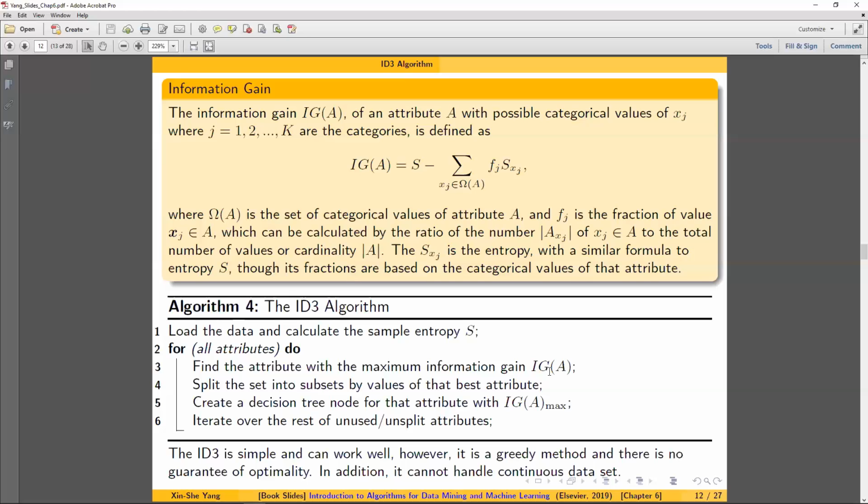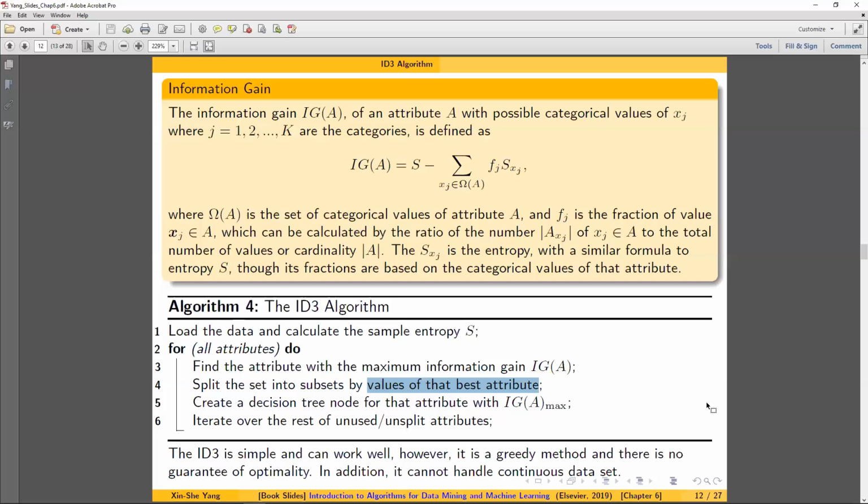Now, for the ID3 algorithm, once we have S and the information gain, what you do is load the data and calculate the sample entropy S first. Then, for all the attributes, find the attribute with the maximum information gain, IG A, and split the set into subsets by the values of the best attribute.